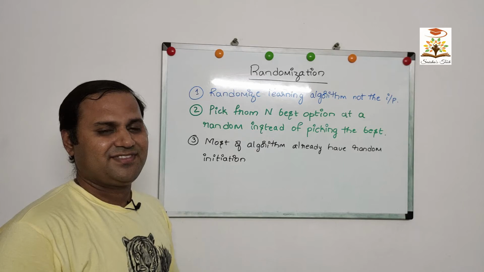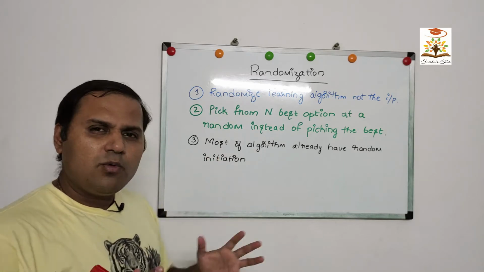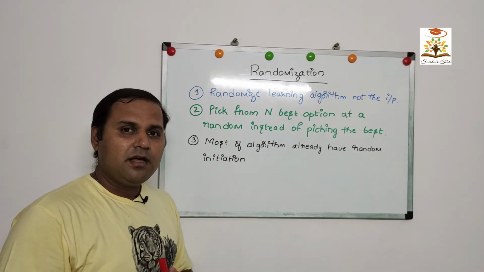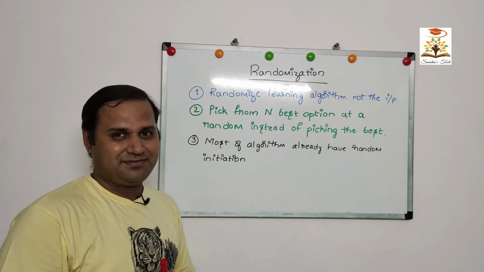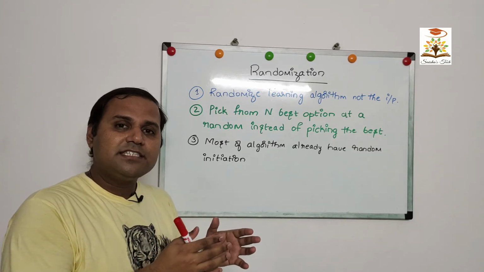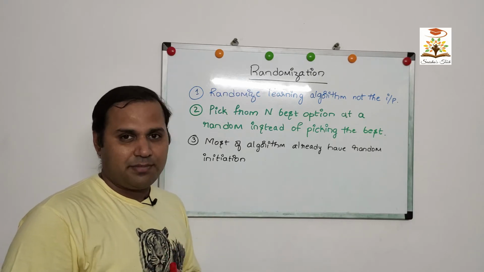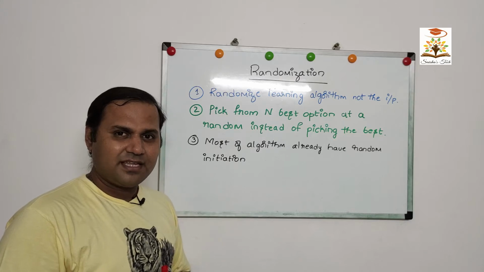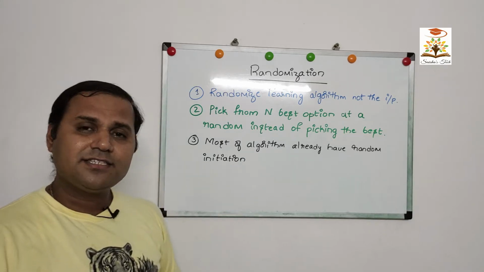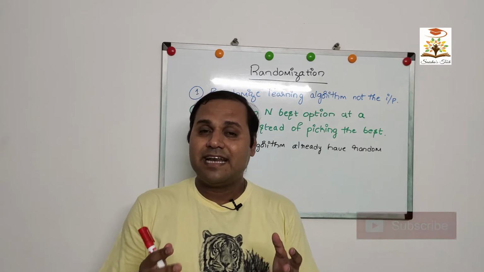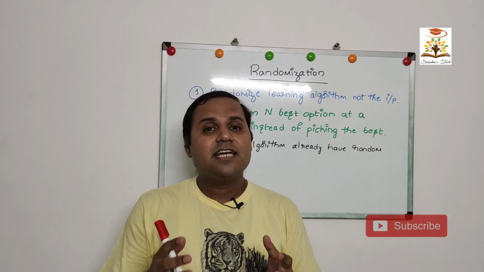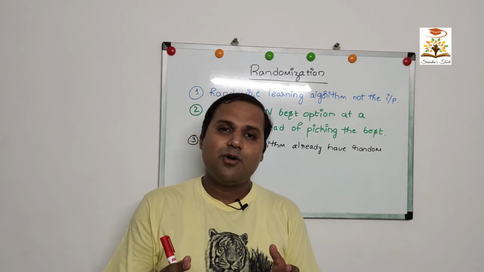As we know, most algorithms start with a random initialization and then they achieve a global minima. The drawback of this randomization technique is, as we are choosing models randomly, there is a chance of repetition of the models.